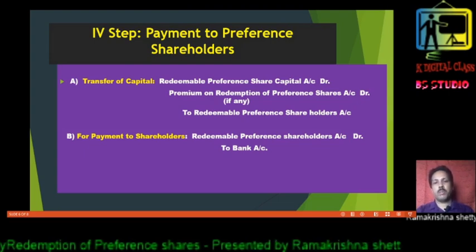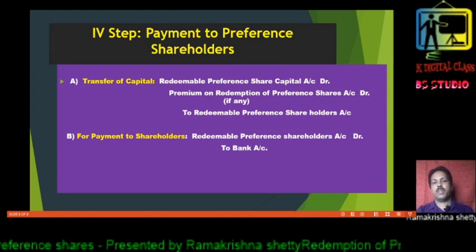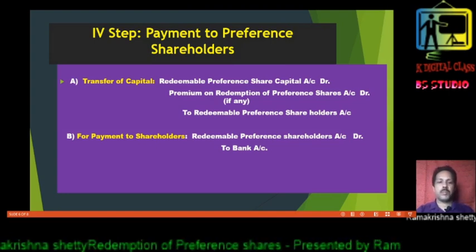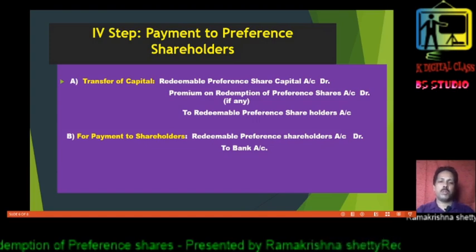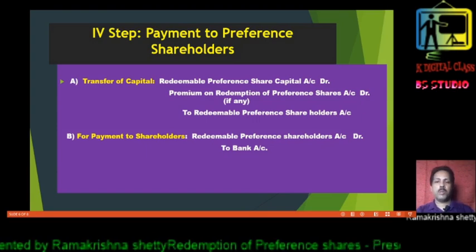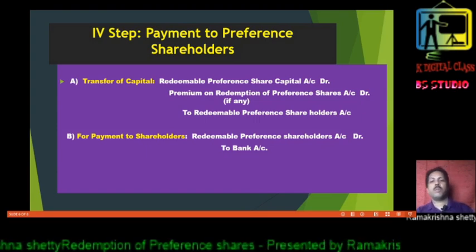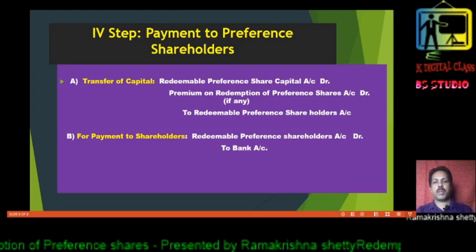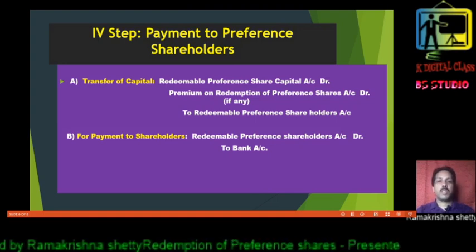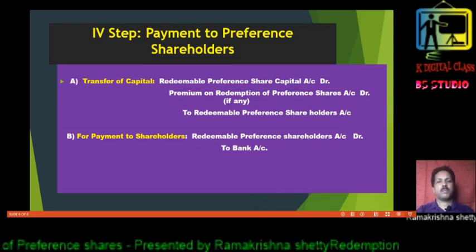Only in case of premium is the premium on redemption account considered, otherwise it is ignored. For payment to shareholders, redeemable preference shareholders account debit to bank account, the total amount payable being credited to bank account. So these are the important steps and entries related to redemption of preference shares.